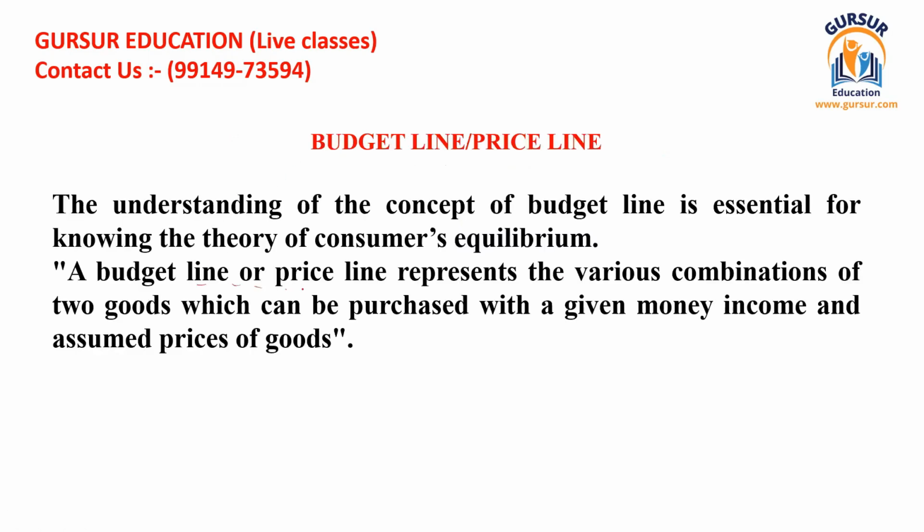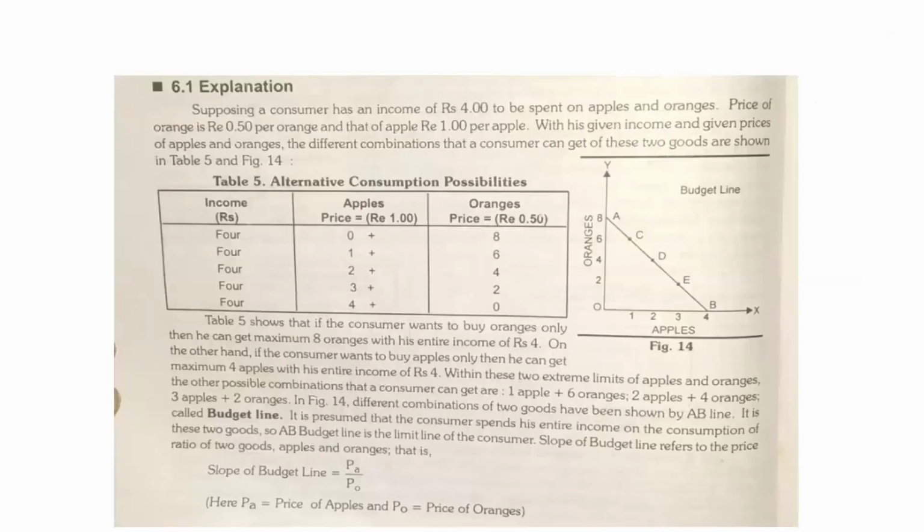A budget line or price line represents the various combinations of two goods which can be purchased with a given money income, assuming the prices of goods. You will understand this concept by looking at this specific table and this specific graph. Suppose a consumer has an income of 4 rupees.